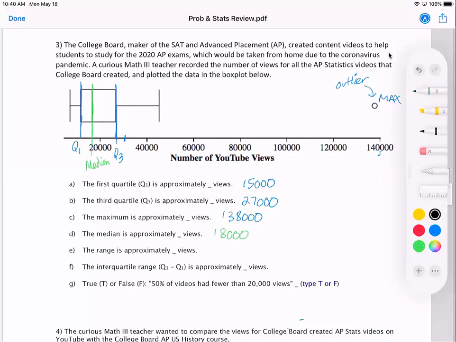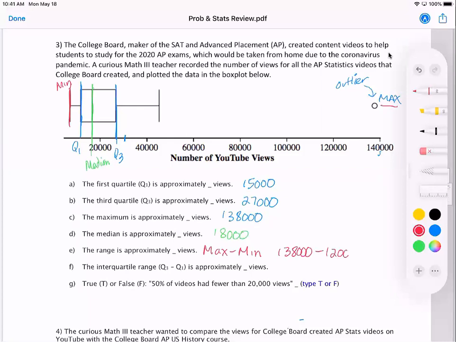And then the range, to calculate the range, you would do the maximum minus the minimum to get the range. So the maximum we said was 138,000 views. And the minimum would be this number. So the minimum might be maybe 12,000.